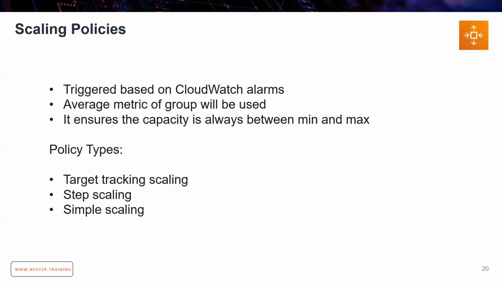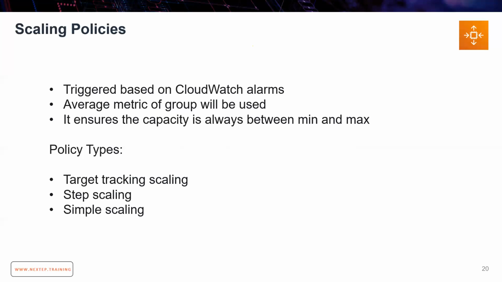If it goes below 40, then it will terminate the instances until minimum. It will never go below minimum. But if the average is above 40%, then it will keep adding EC2 instances until maximum.